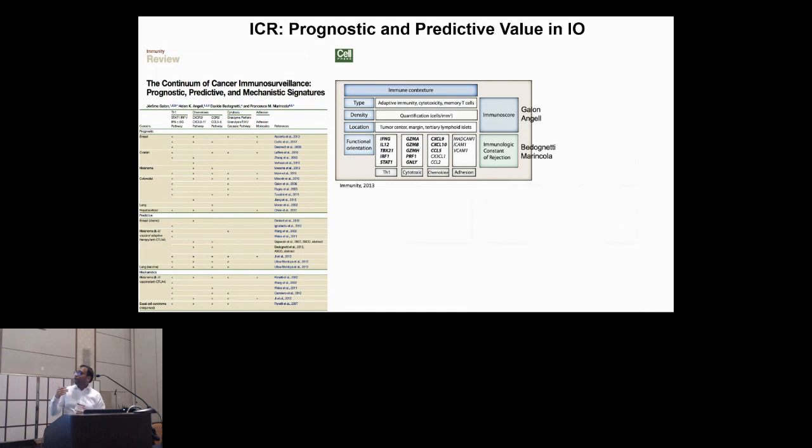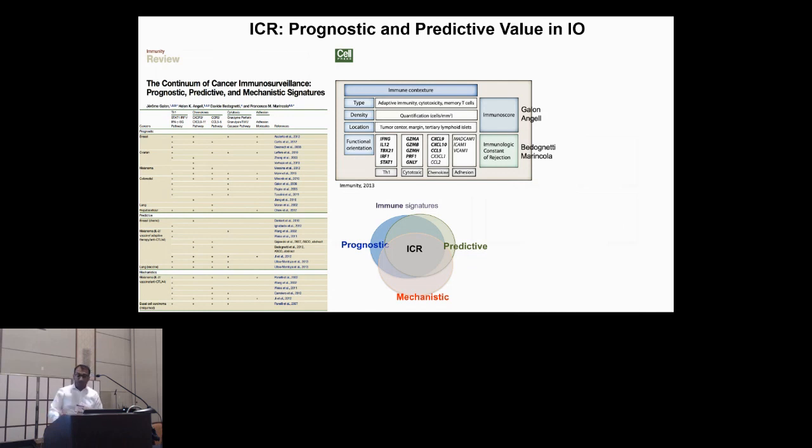And in 2013, in an Immunity paper, Jérôme Galon, as well as David Bedognetti, who is the brainchild of this entire challenge for us, identified these 20 genes based on the functional orientation of the tumors. Ultimately, across different immune signatures associated with immune checkpoint blockade, in prognostic, predictive, as well as mechanistic models, the ICR genes consistently appear.